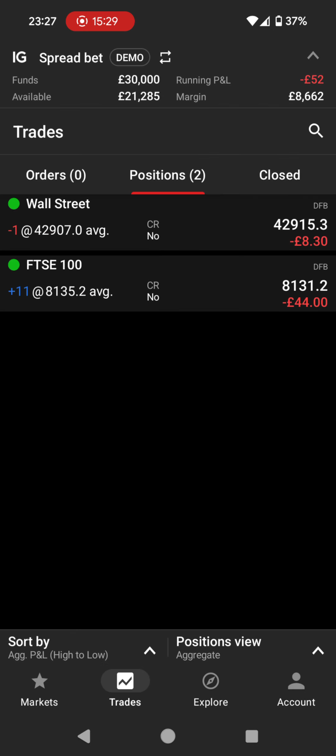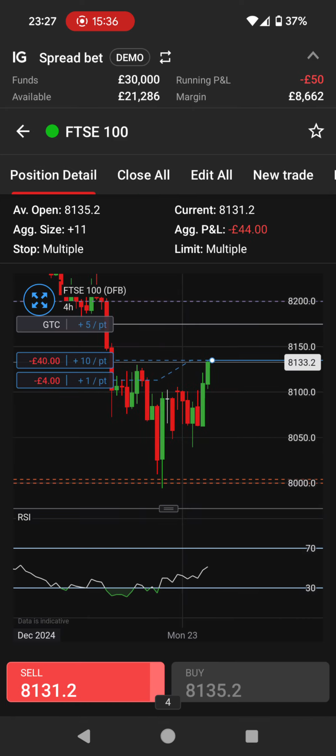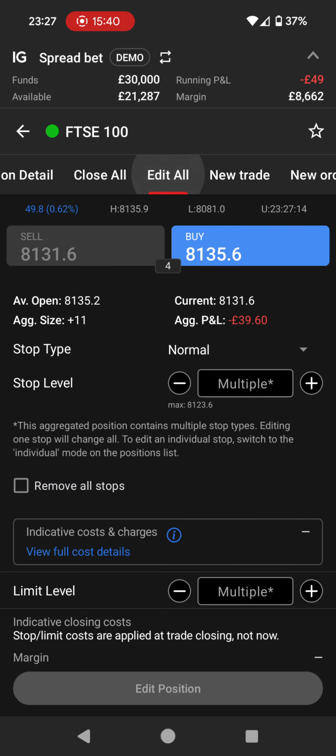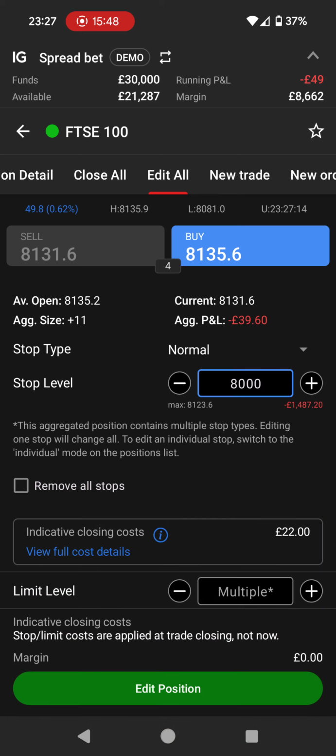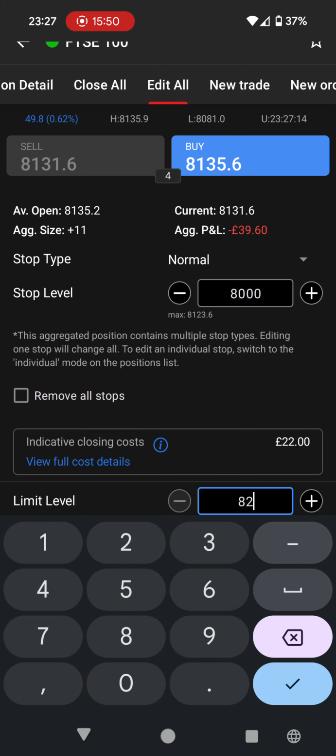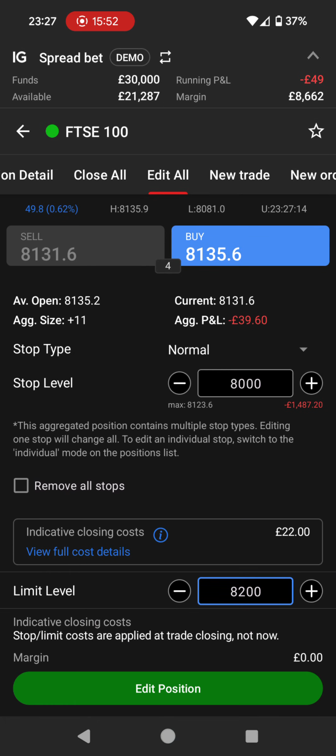If you want to group them, I find it much easier if you just group your orders. Here we can go in and make it more precise. So we want the stop loss at 8,000 and we want the target price at 8,200.